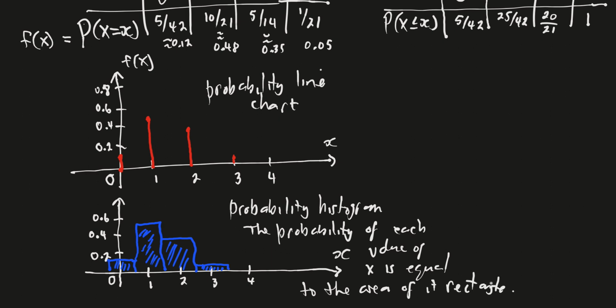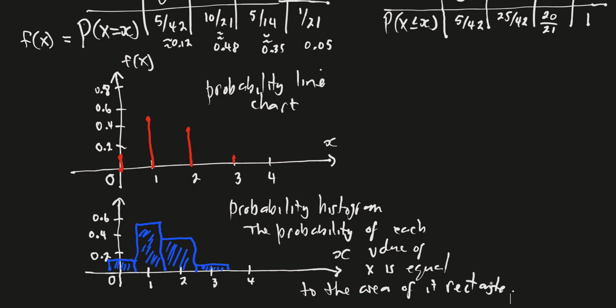Pretty cool, right? Pretty cool in the sense that we can use area to find probabilities, or we can use area to represent probabilities. That's going to be a key thing when we move to the continuous random variables. So keep that concept in mind.